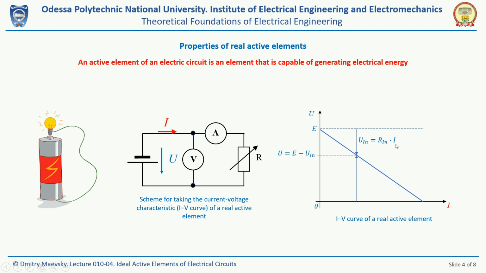This voltage is harmful because it reduces the external voltage on the element terminals. Thus, from the analysis of the current voltage characteristics, we can conclude that the voltage at the terminals of a real active element depends on its current.